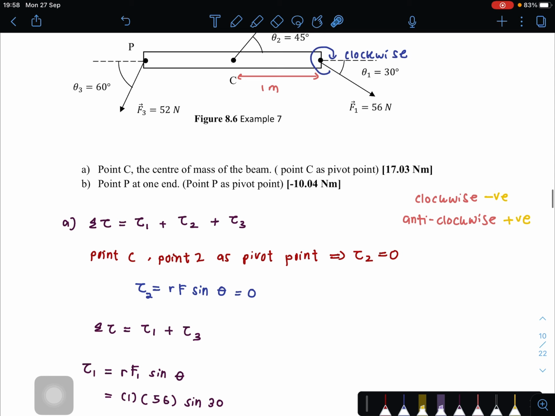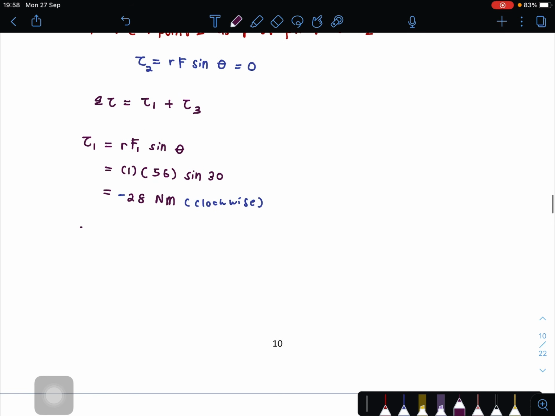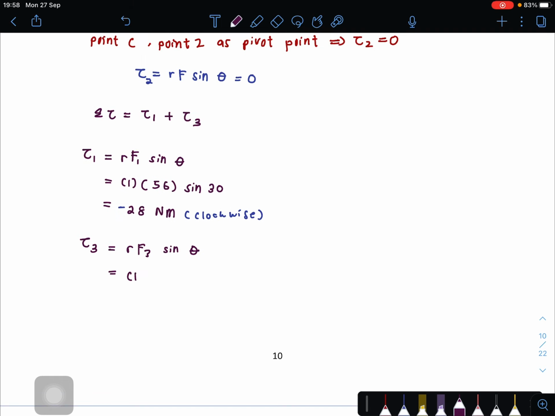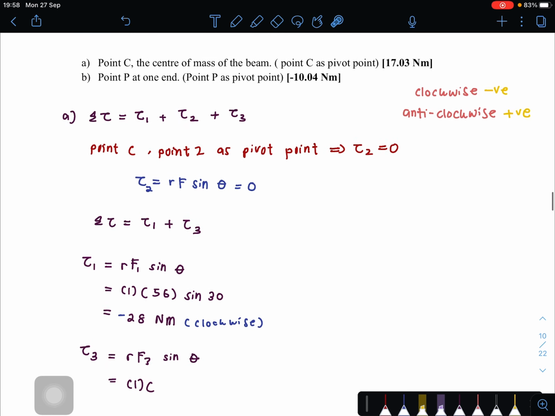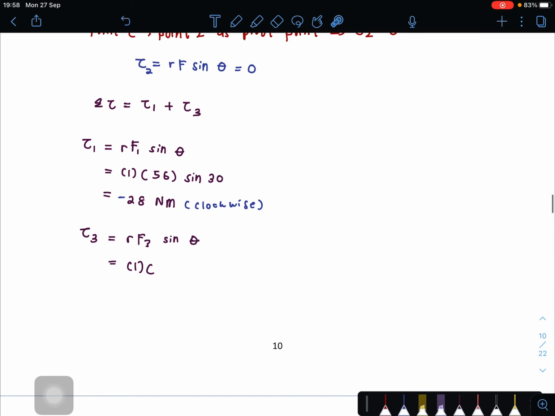Okay, and then the second one is T3 at this point here, torque 3. RF3 sin theta. So the radius is still the same, which is from the pivot point to P is also 1 meter. And then F3 is 52 Newton.